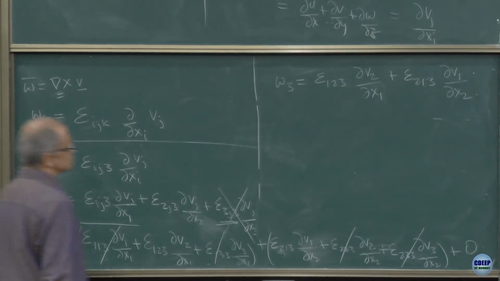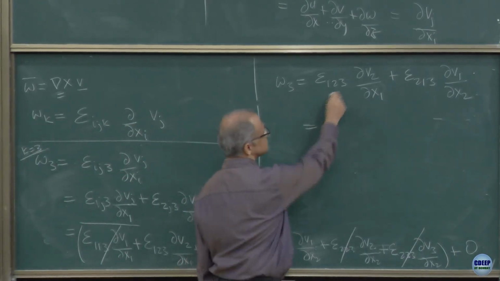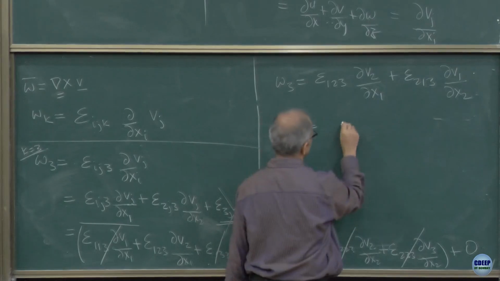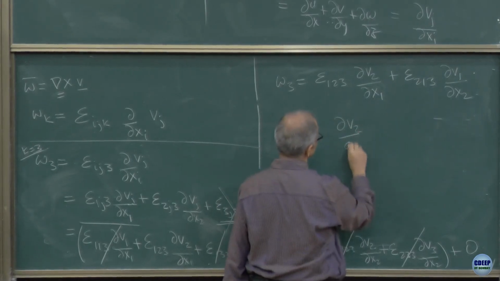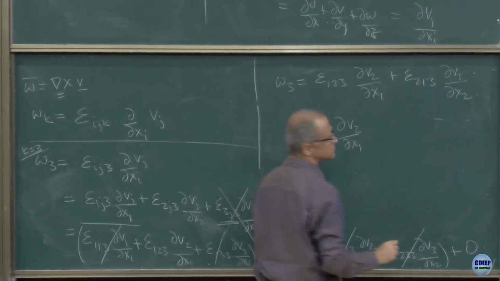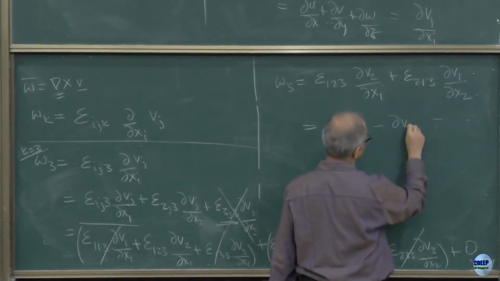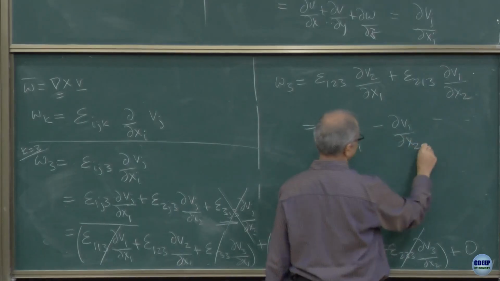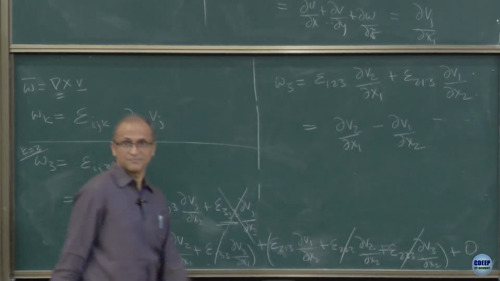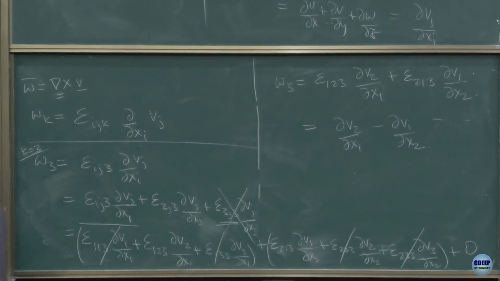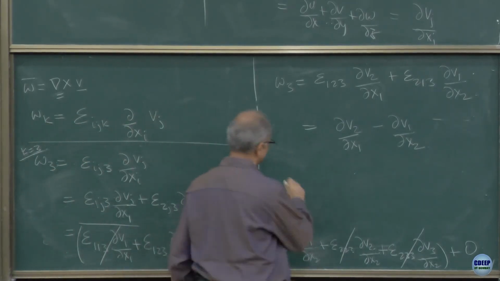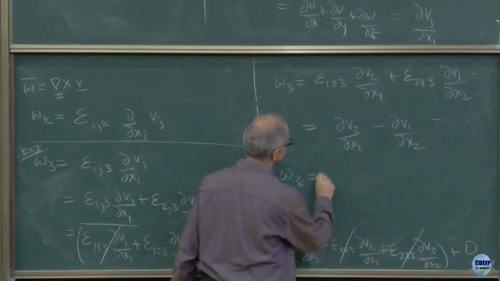Now what is epsilon 123? 1. What is epsilon 213? Minus 1, right? And of course, if you want to write it out in terms of u, v, w, the components, I can write that omega z is equal to dv/dx minus du/dy.